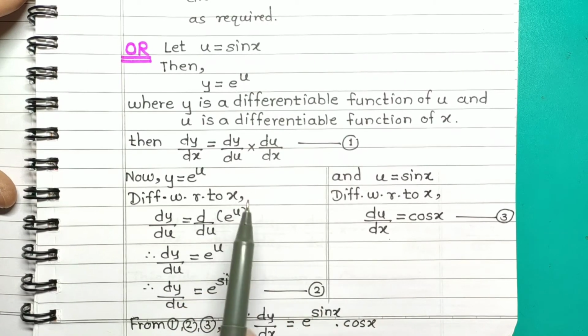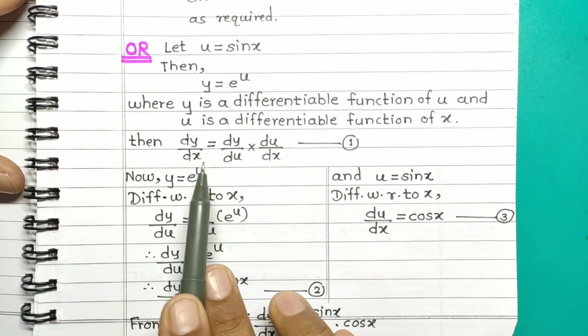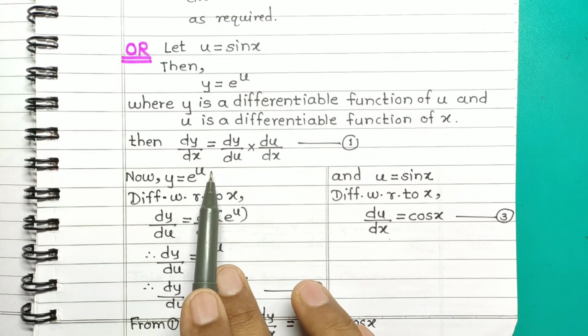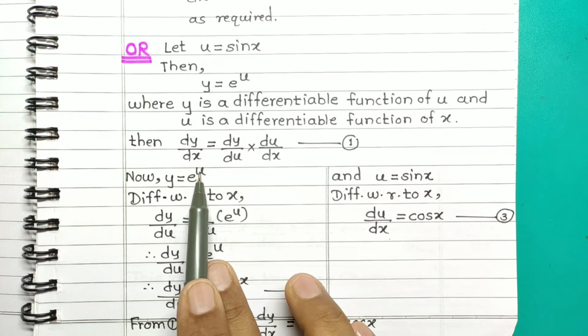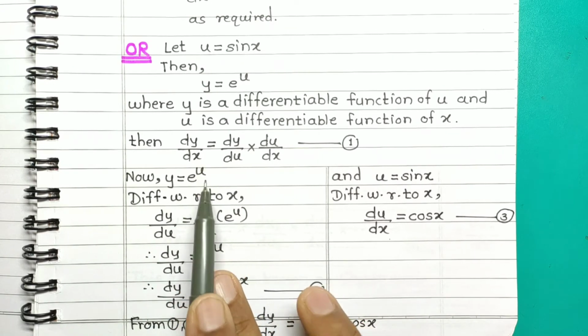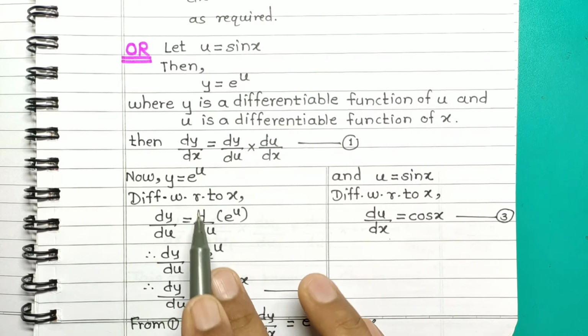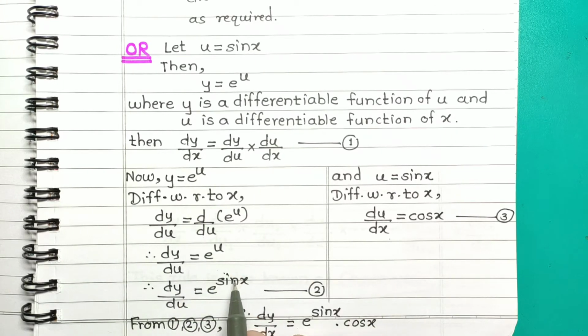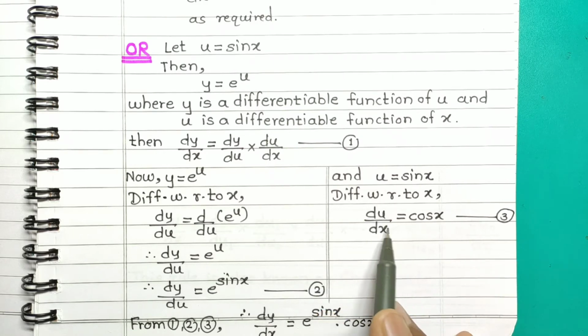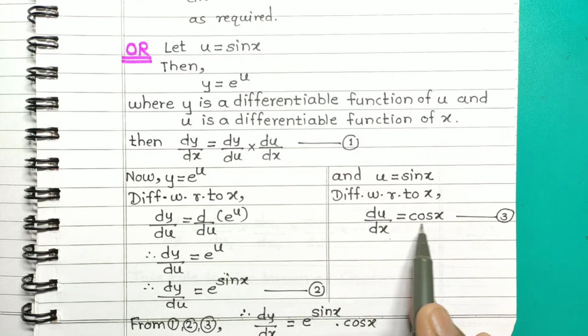In this case we said that it is e raised to something, so here u represents that something function. So it is e raised to something, which we wrote directly, e raised to sin x, and then we multiplied the derivative of that something function, so derivative of u, du by dx, which is cos x.